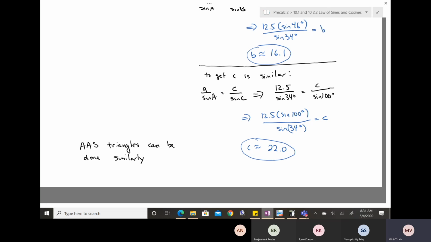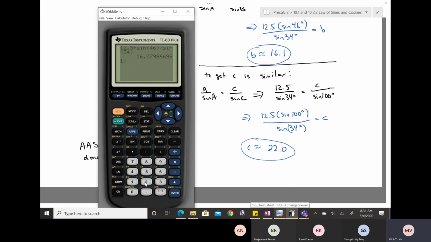go. Okay, so solving for side C is similar, right? So I relate it to side A and angle A, and then I have a similar equation, and then we just calculate C in this way, right? So 12.5 times sine of 100 divided by sine 34.